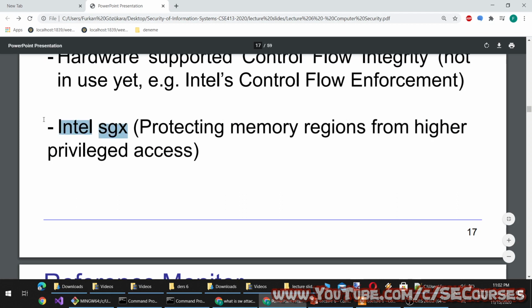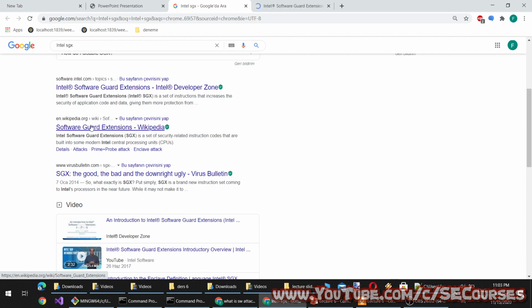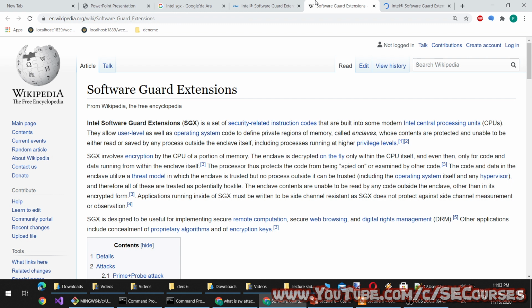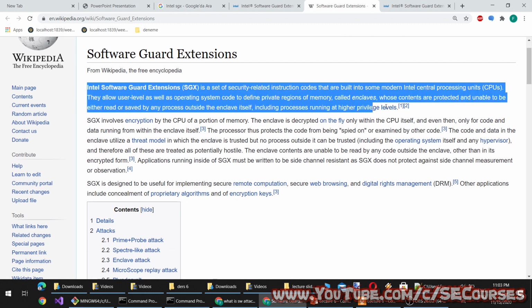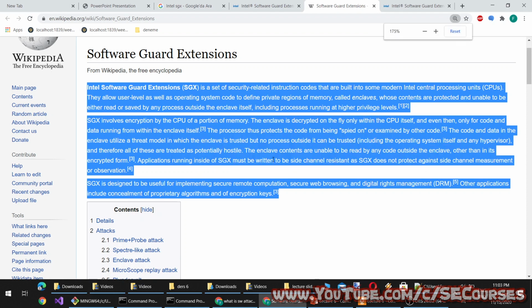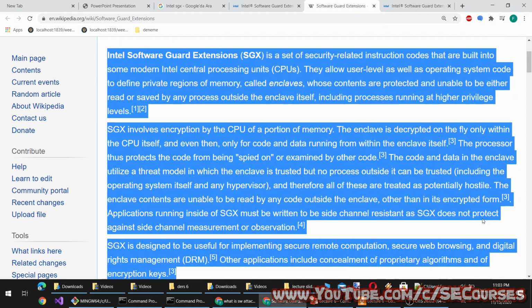Intel SGX: protecting memory regions from higher privileged access. Intel Software Guard Extensions (SGX) is a set of security-related instruction codes that are built into some modern Intel Central Processing Units (CPUs).